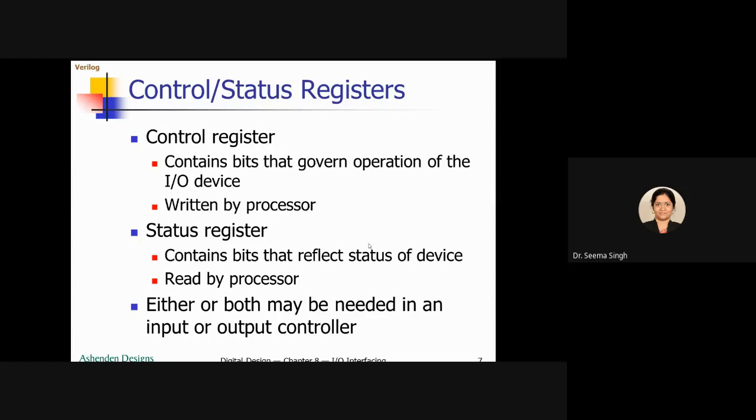Now either control and status both, or only one of them, may be needed for an input or output controller. What we are seeing now is a keypad controller. In this condition we required both. So this is how the connection is established. As of now you are only seeing the connection established.